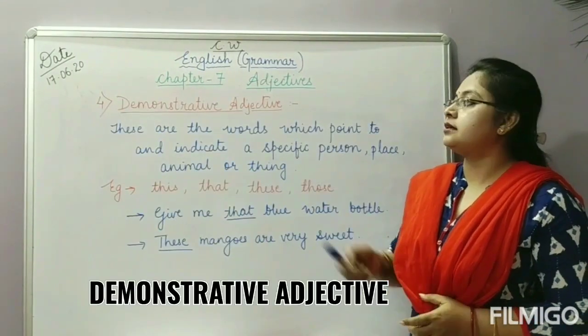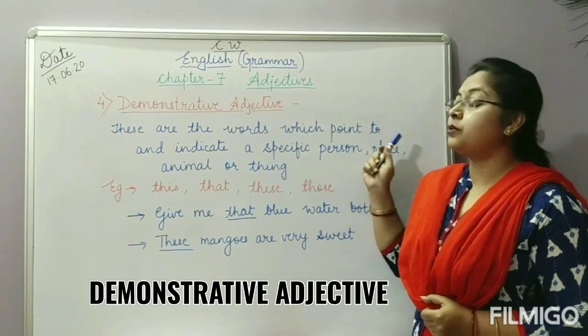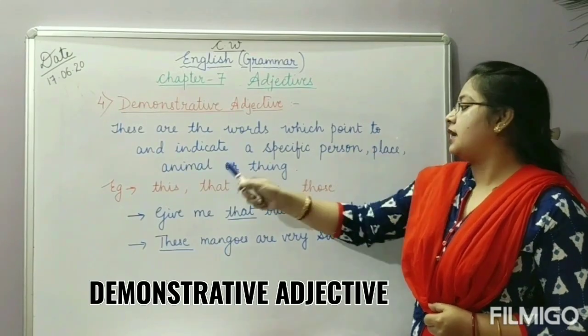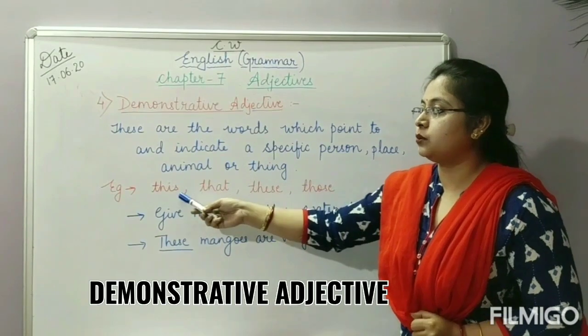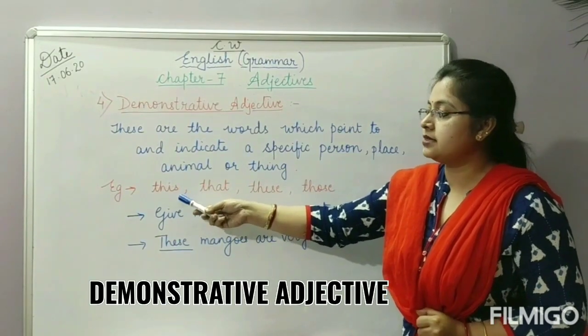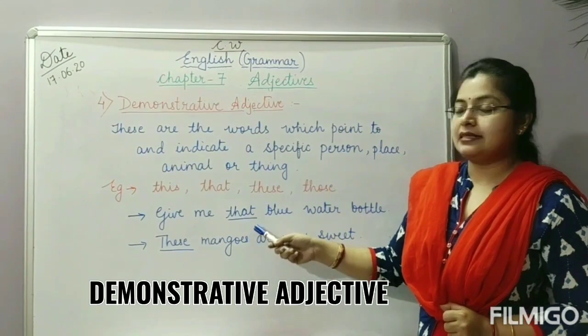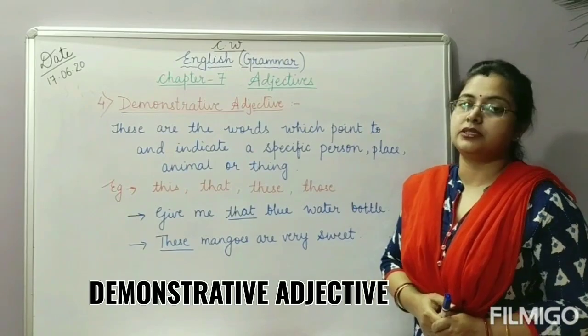Now fourth is demonstrative adjective. These are the words which point to and indicate a specific person, place, animal or thing. What are demonstrative adjectives? This, that, these, those. Now let us see in the given sentences. Give me that blue water bottle.